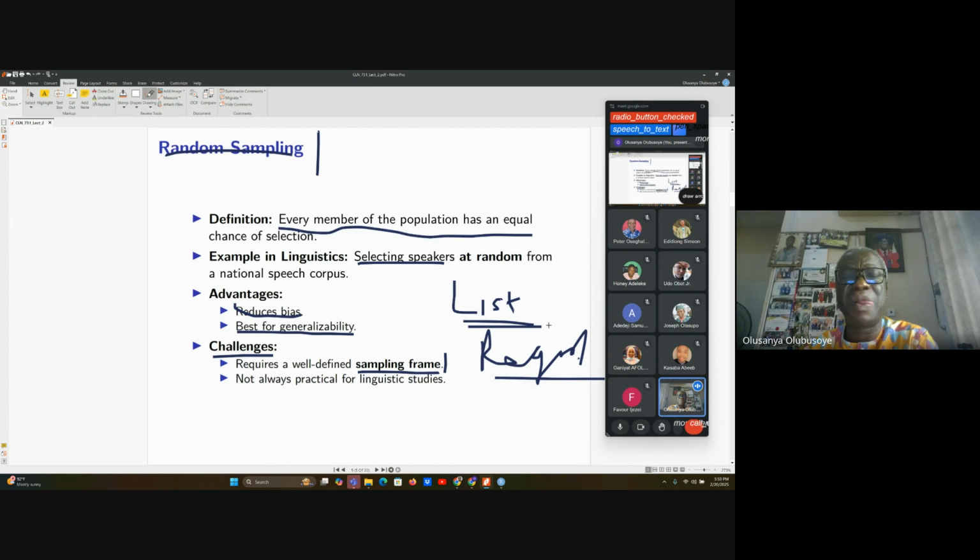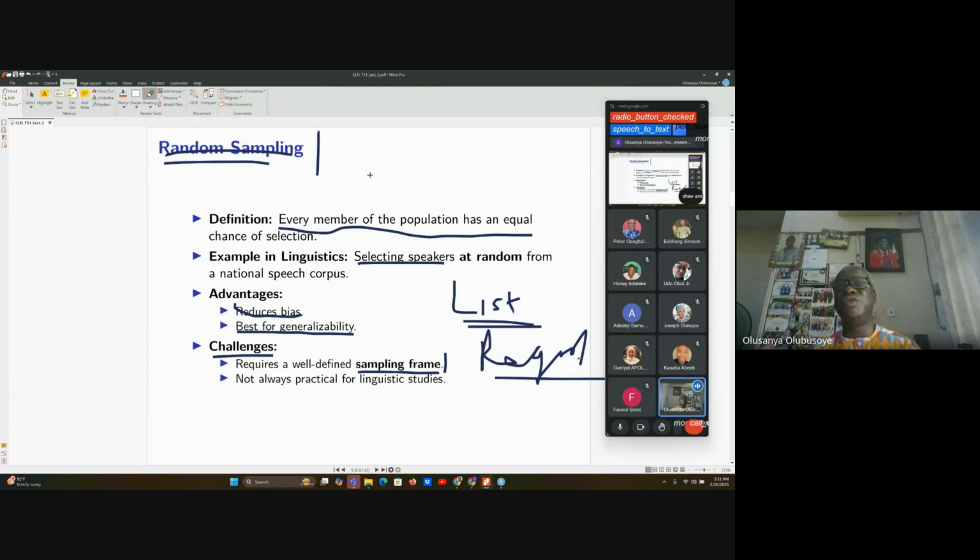So sampling frame is simply the list, and you need that list to carry out random sampling. If there is no list, then you won't.